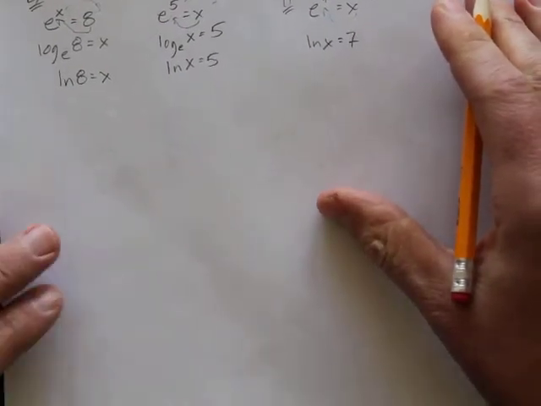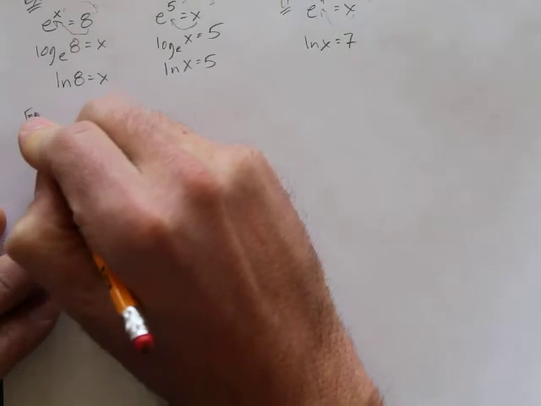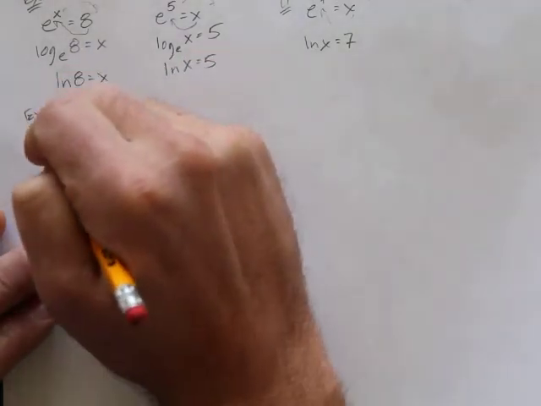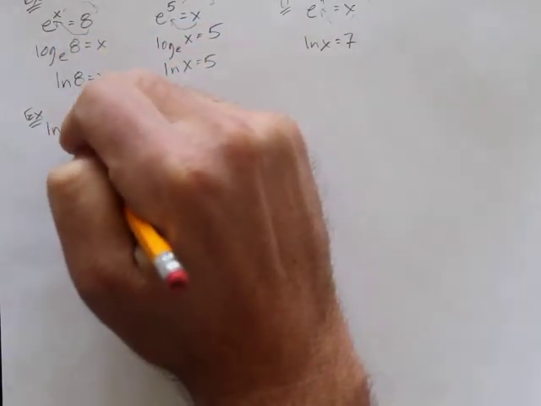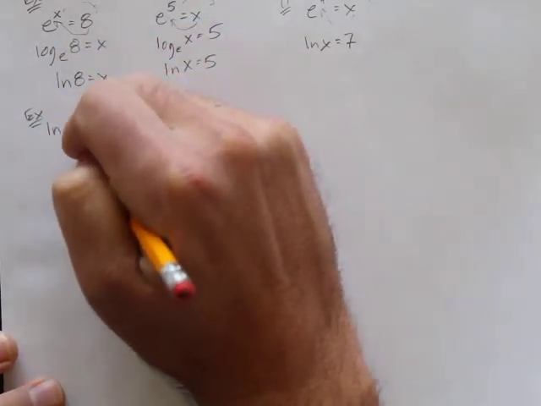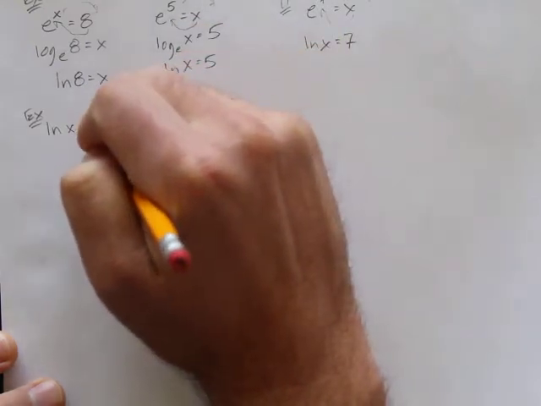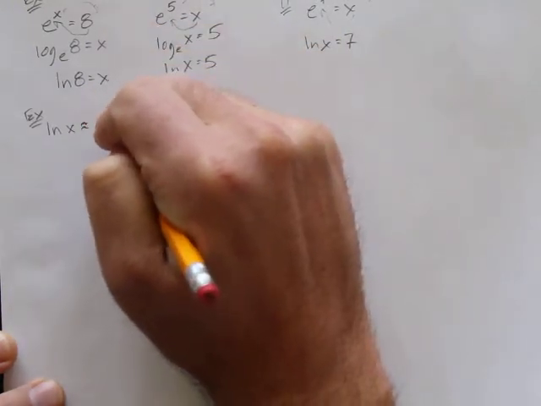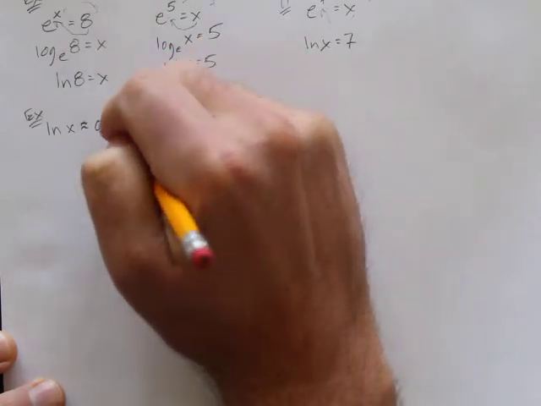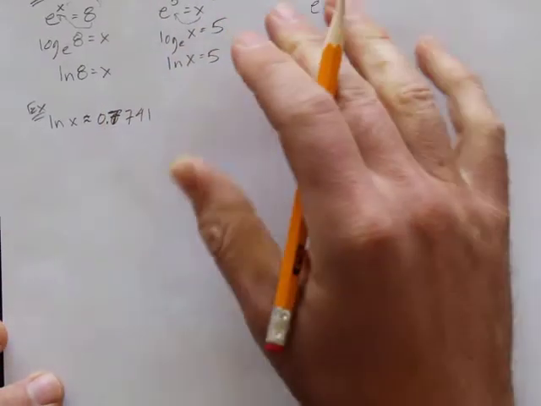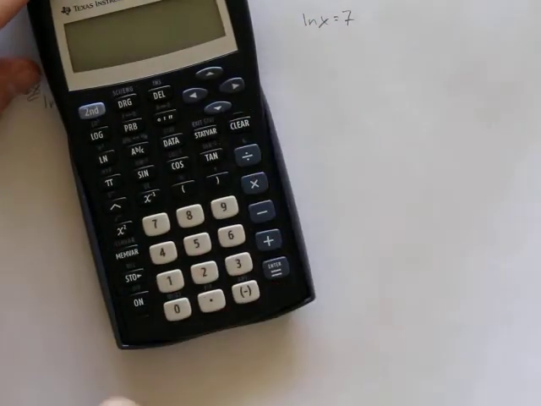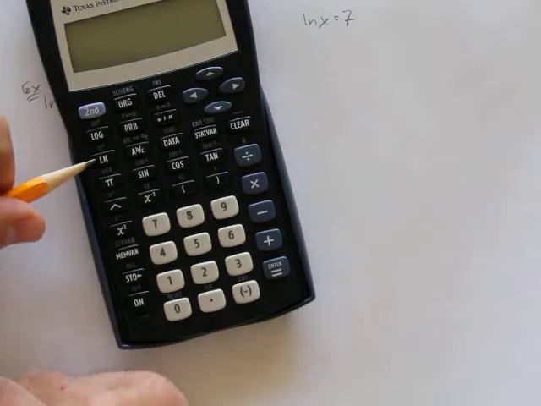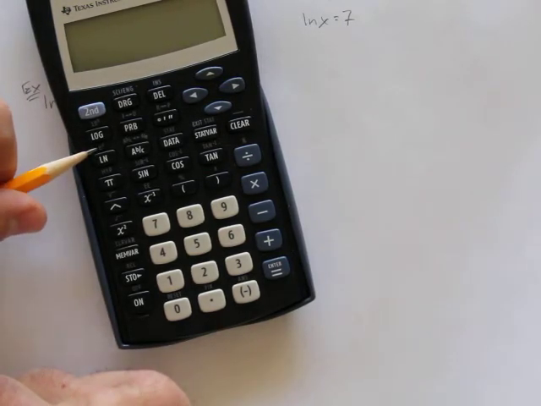All right, let's move on to some more stuff here having to do with natural logs. If I have the natural log of x is approximately 0.7741. Now, if you're looking on the calculator, just as a little aside here, you can see you've got natural log button right here, and you've got e to the x power right here.